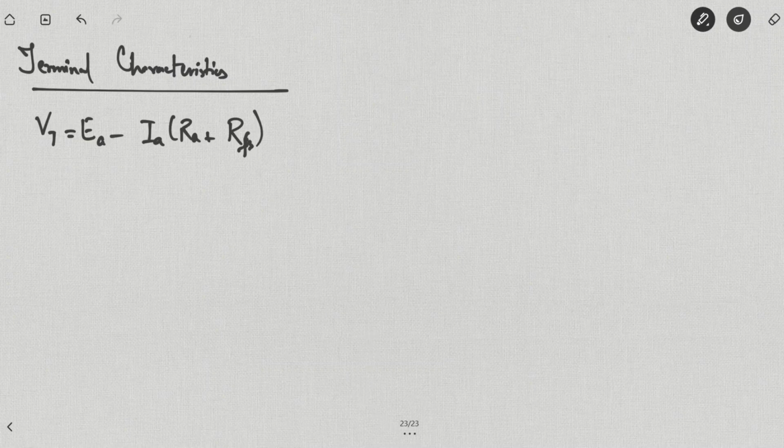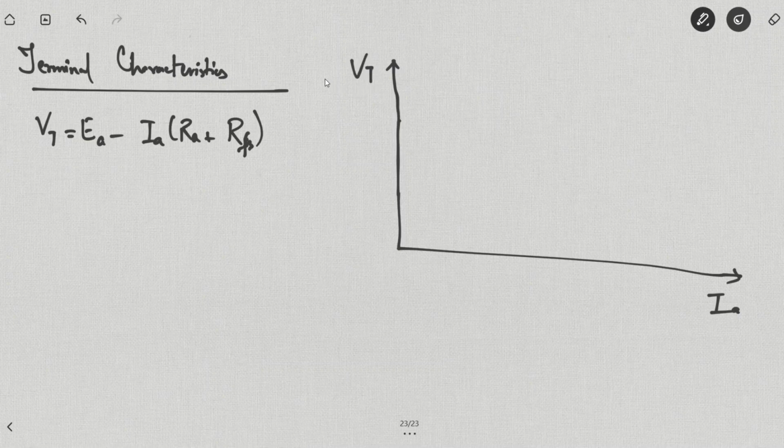And what happens as we increase the load? This VT versus I graph. So initially at I equal to 0, we assume VT is equal to EA. So that will be the starting point. Now as we increase the load, IA increases, so we expect that IA into RA plus RFS to increase and VT to decrease. We expect this type of a curve, right?